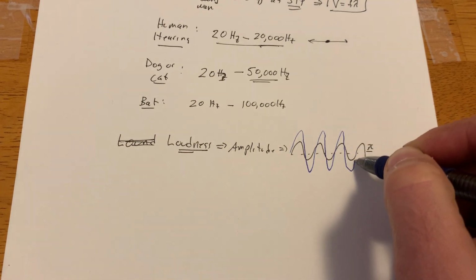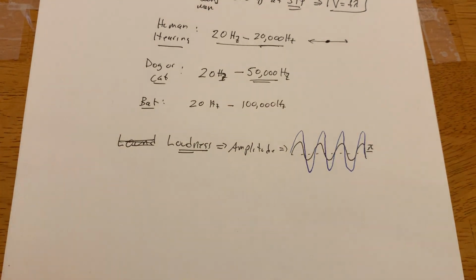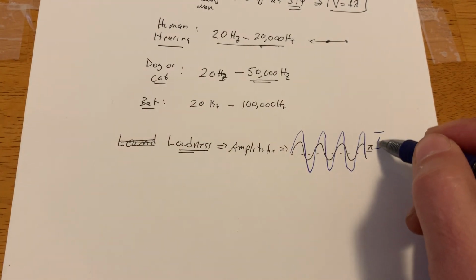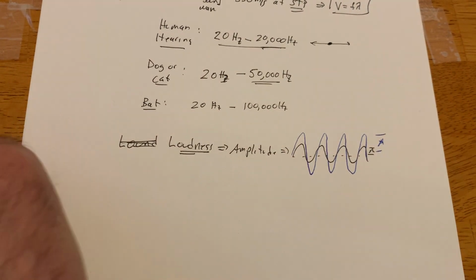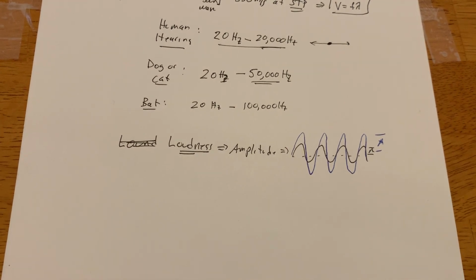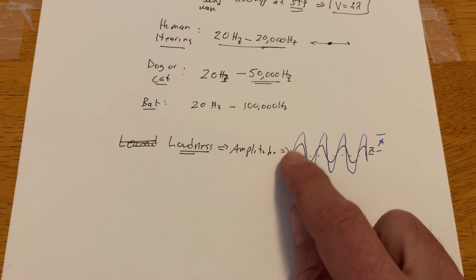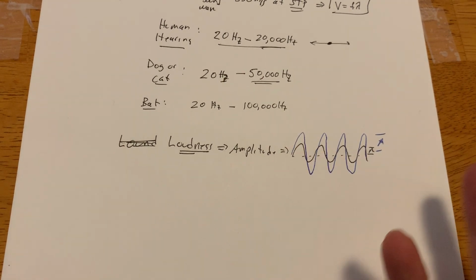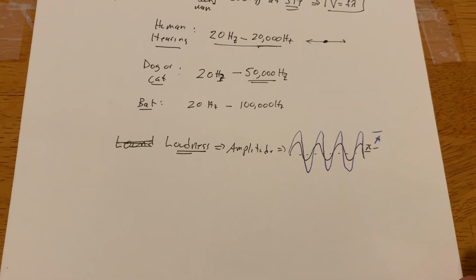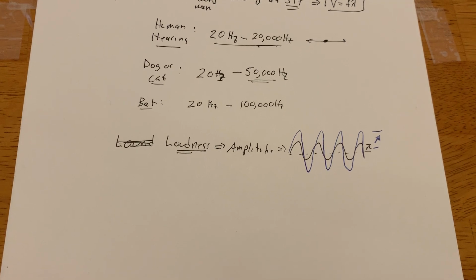All right. Well, look, here are two different waves, blue and black. There's the amplitude of the blue wave. What's the difference between the two? Well, believe it or not, they have roughly the same frequency, because they're completing the same amount of cycles per second, or the same wavelength, I should say. But they have different amplitudes.